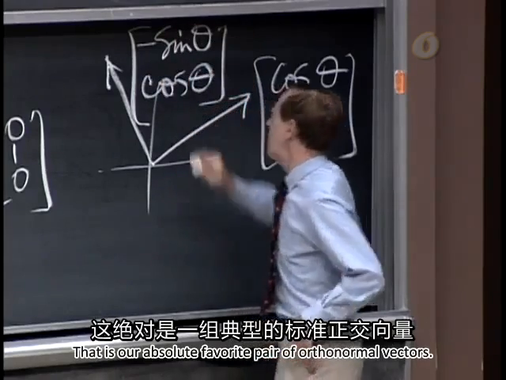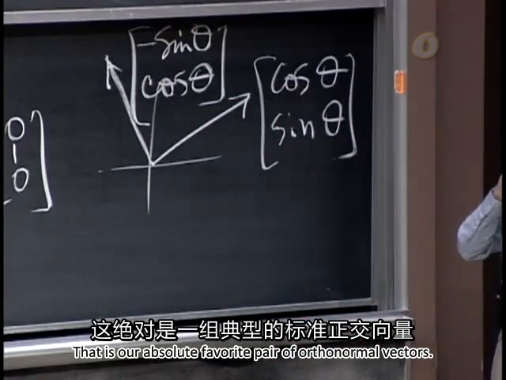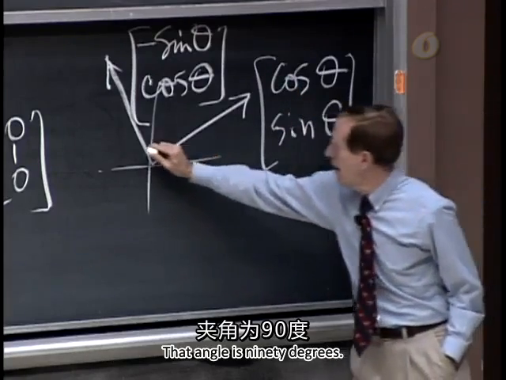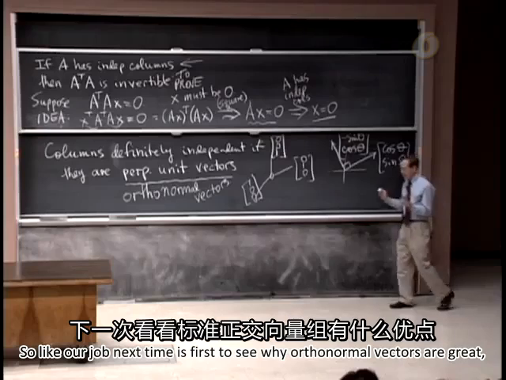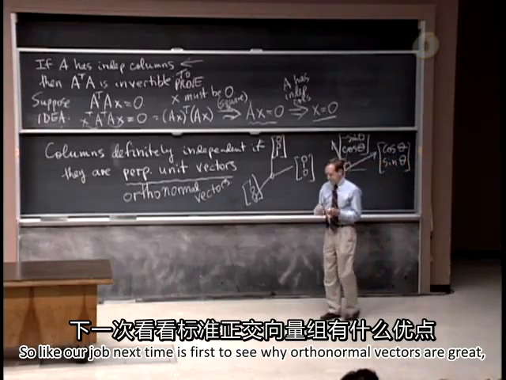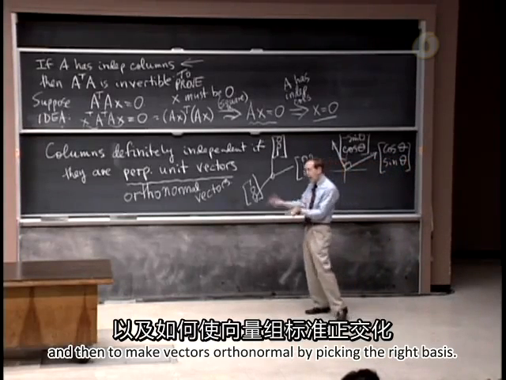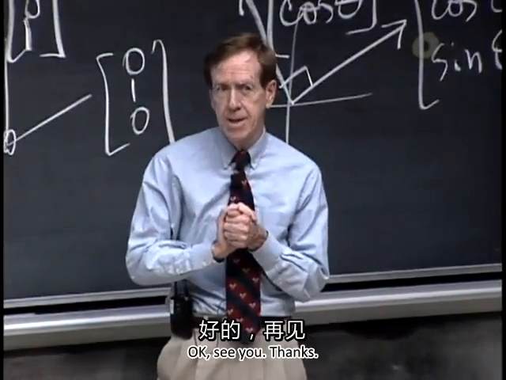That is our absolute favorite pair of orthonormal vectors. They're both unit vectors, and they're perpendicular. That angle is 90 degrees. So our job next time is first to see why orthonormal vectors are great, and then to make vectors orthonormal by picking the right basis.